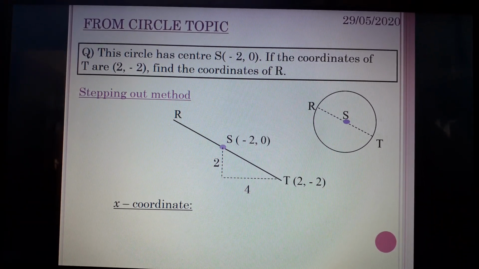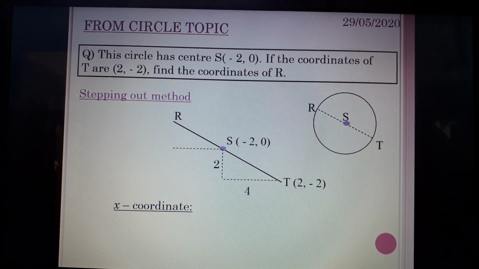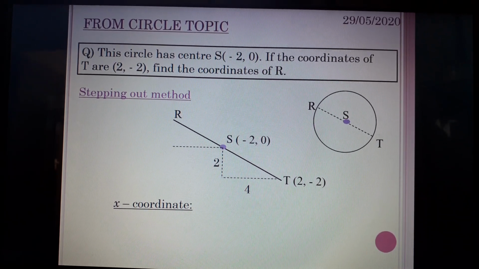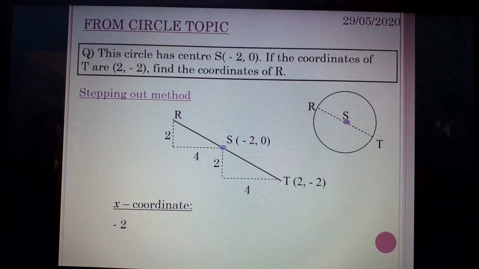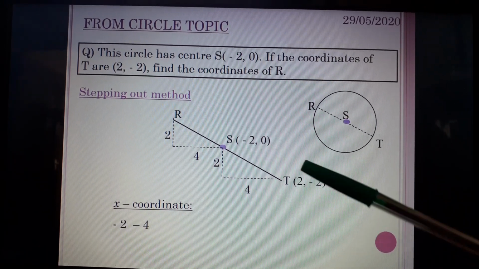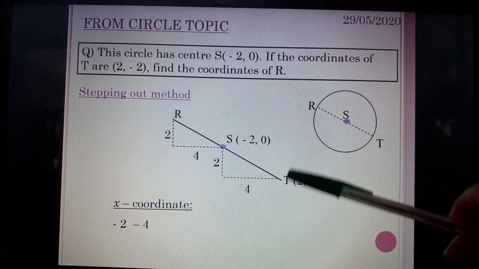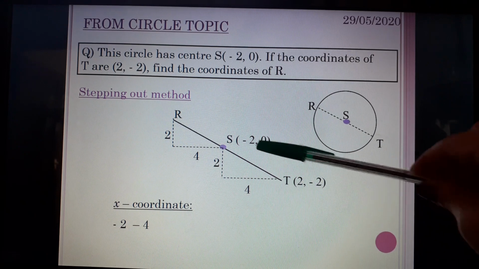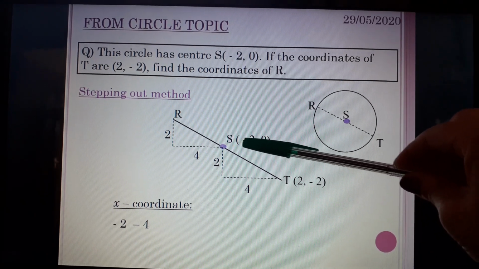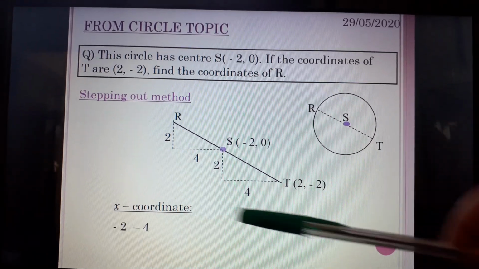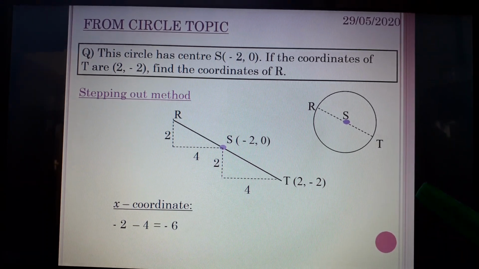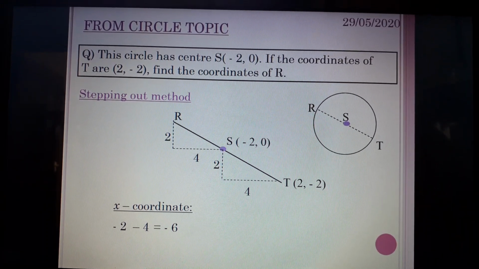So to find your new x coordinate, you look at the x values and compare them. To go from 2 to -2, we're going back 4, which is like taking away 4. So if we start at 2 and take away 4, we get to -2. We take away a further 4 and we will get to the coordinate of R, which is -6. We do the same with the y's.